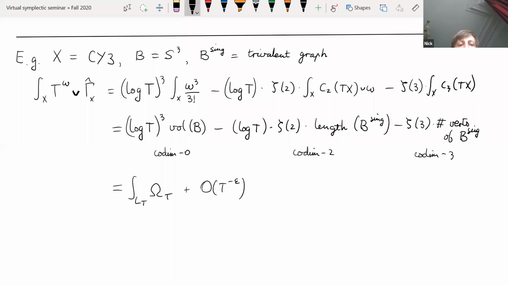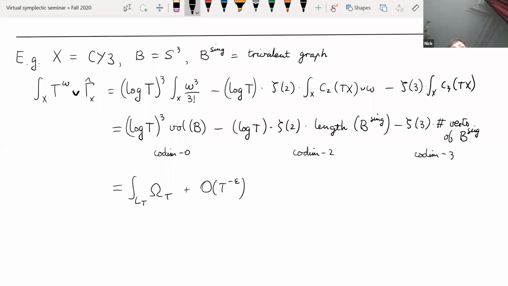The leading term, as we've seen, is the affine volume. You can interpret this c2 coupled with omega as the affine length of the singular locus. And then you can interpret this Euler characteristic as a signed count of the vertices of this singular locus.